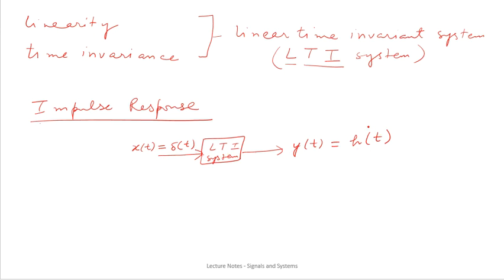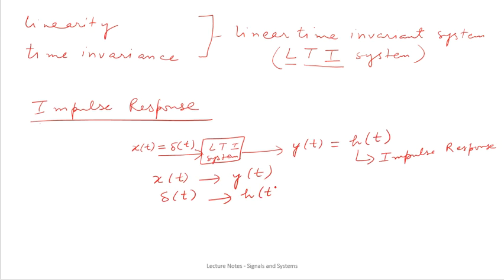This h(t) will be called the impulse response. You can also represent it this way: if the output to any input x(t) is y(t), then if the input is an impulse signal, the output is called the impulse response, and we denote the impulse response with the symbol h(t).